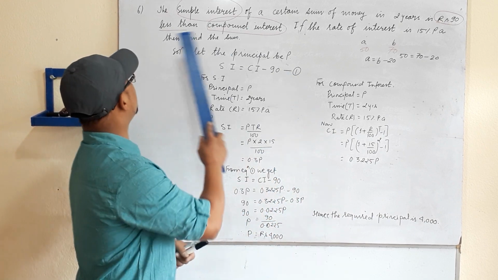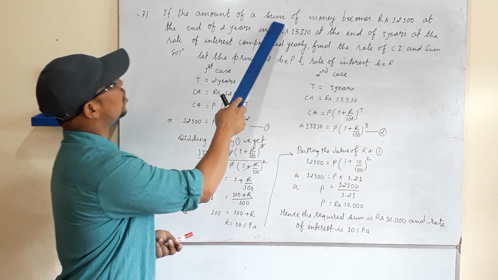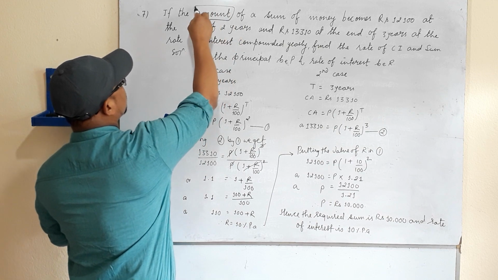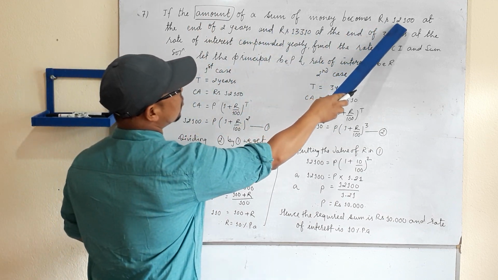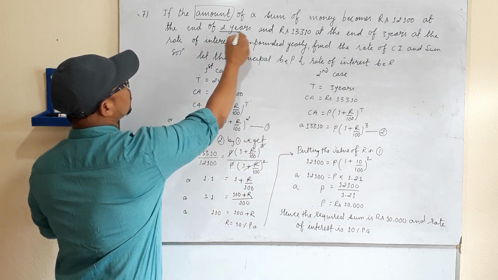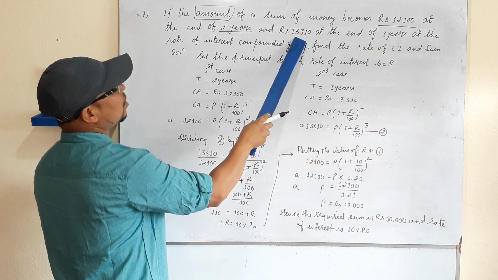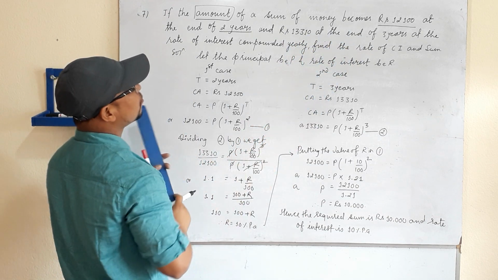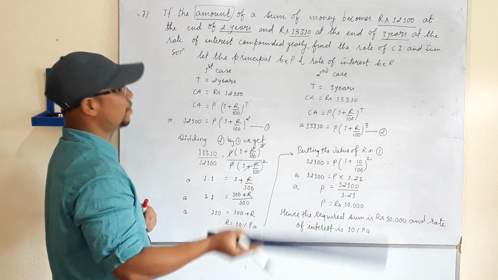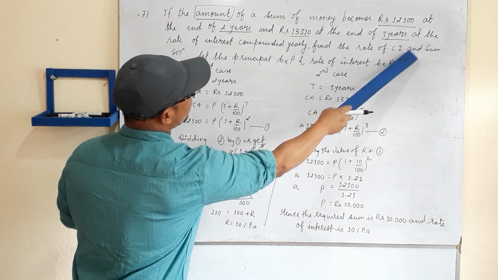Now let's do question number 7. The question is: if the amount of a sum of money becomes Rs 12,100 at the end of 2 years, and Rs 13,310 at the end of 3 years, at the same rate of interest compounded yearly, find the rate of compound interest and the sum.